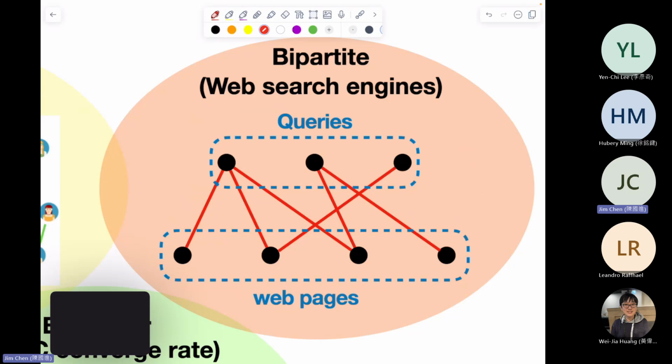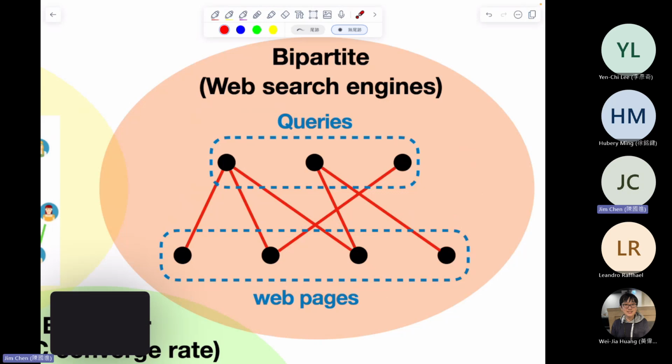For example, we all know what is a bipartite graph. If a graph can be decomposed into two components, such that there are no edges connecting vertices in the same component, like this instance, then we call such a graph bipartite.